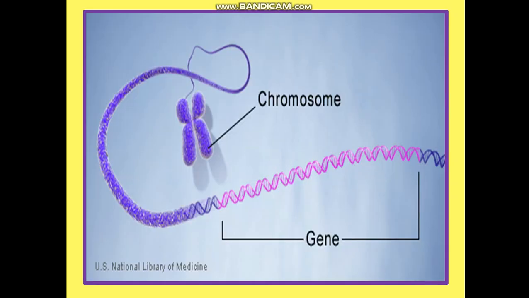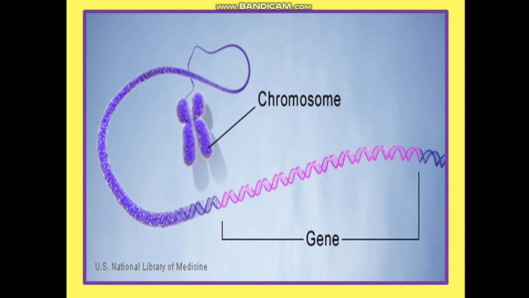DNA is constituted by segments known as genes. If you look at this diagram, we have here the chromosomes, and the coiling is because of the DNA. This is the whole DNA strand. The stretch which is in pink color, this much stretch is a gene. That means throughout the whole DNA sequence, there can be many genes.